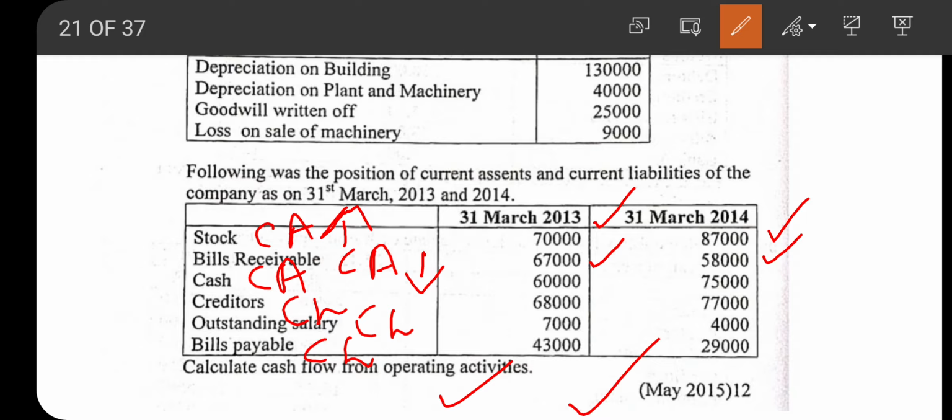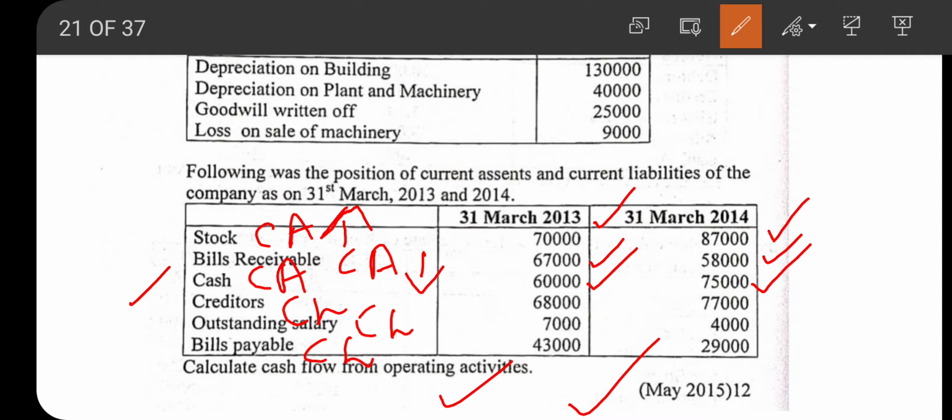Cash, opening balance was 60,000, closing balance is 75,000. But when we are preparing the cash flow from operating activities, we do not consider the cash and cash equivalents, so we are not considering the difference in the cash amount in the calculation of operating profit.